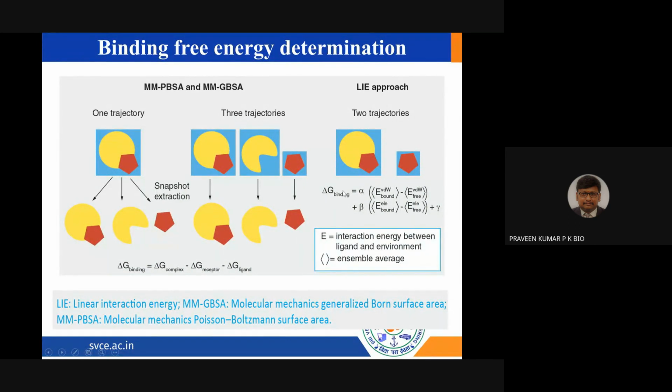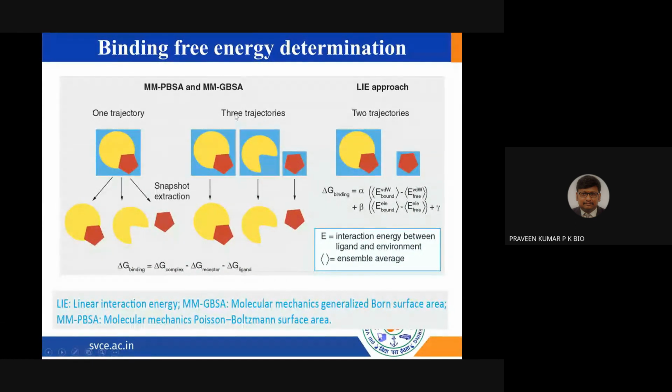This is what I'm calling two trajectories. If you have these two terms, then obviously you can calculate the binding free energy. And if you see one trajectory, you should have only the ligand and receptor energy. This alone will be calculated as the free binding energy.